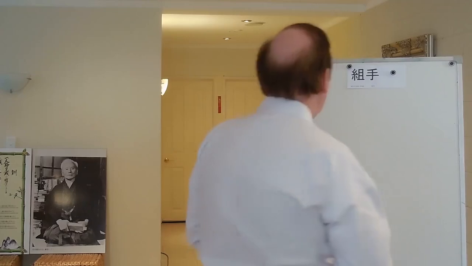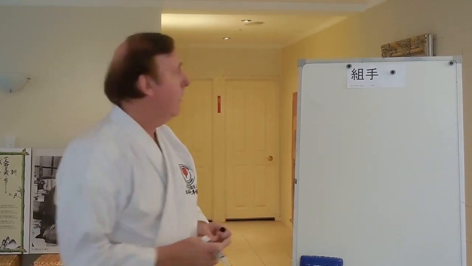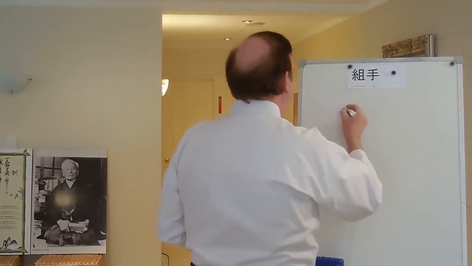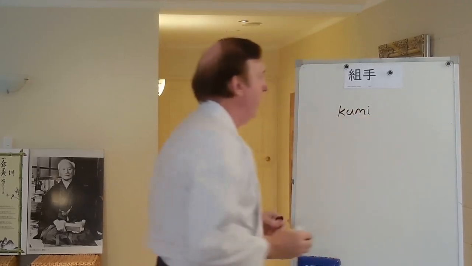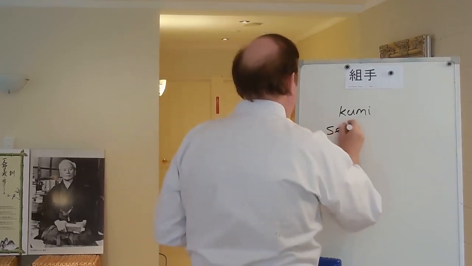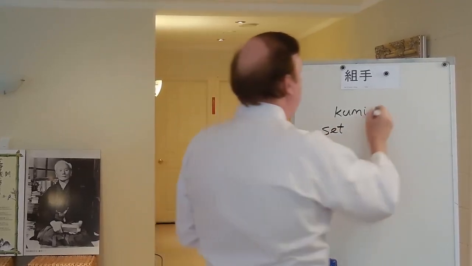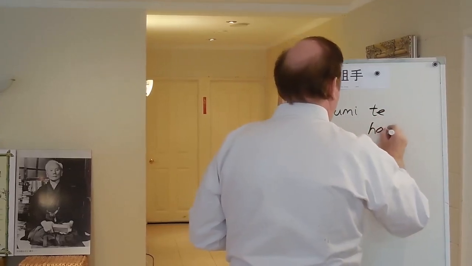Now, just to start with, we already explained this in a previous one, but because this is a new section, I want to explain it one more time. So, kumi means a set of things. We can say very simply a set of something, and te obviously means hand.